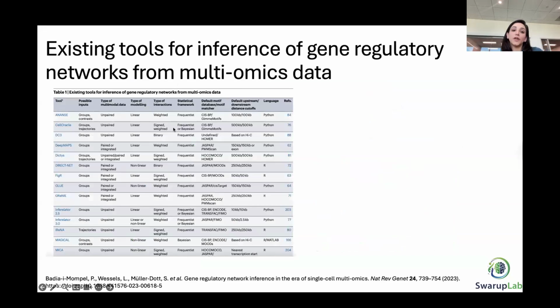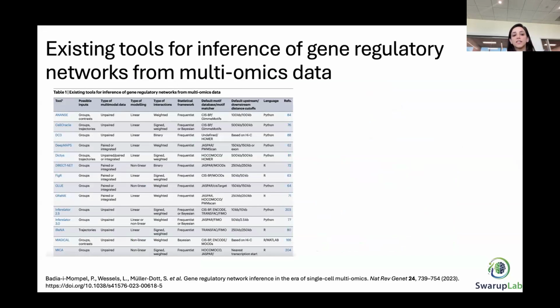Now, to infer the GRNs, there have been many tools. I'm putting this table there because I'm trying to show that even though there are a lot of tools, you can see in the columns that the type of modeling is different. Some are linear, some capture nonlinear interactions. The statistical framework is often not the same.